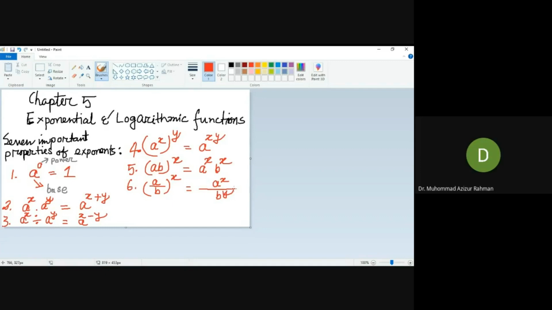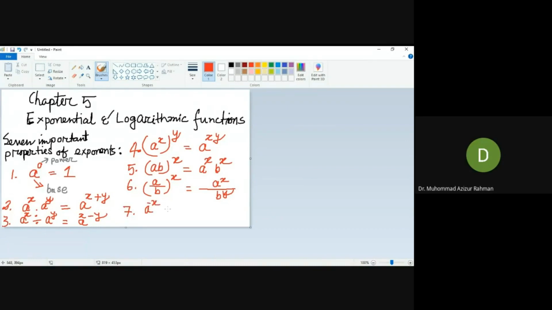Then we have another one that is very common. If something has a to the power minus x, what is the meaning of this a to the power minus x? So 1 by a to the power x.